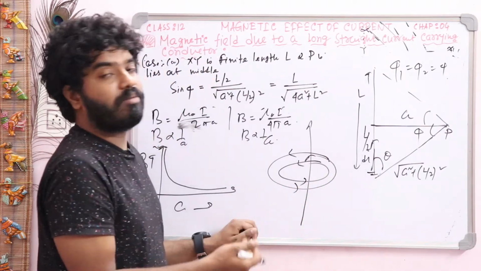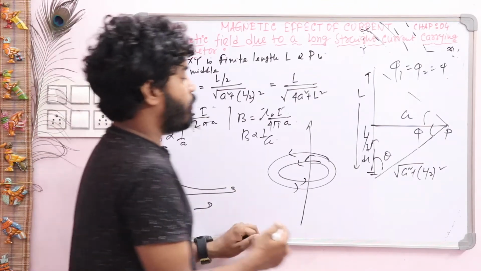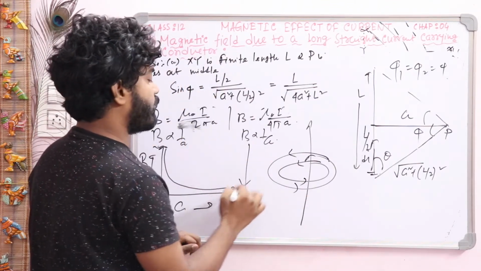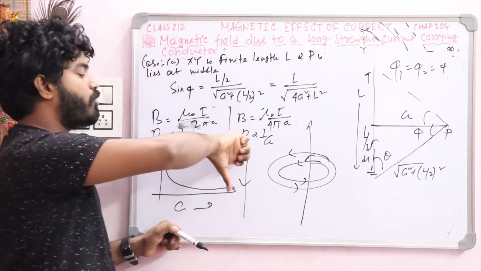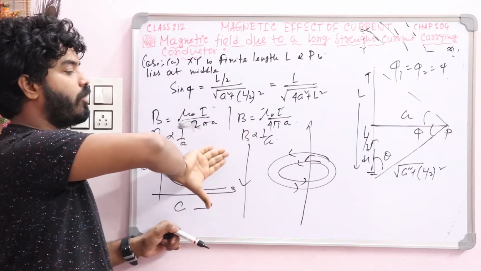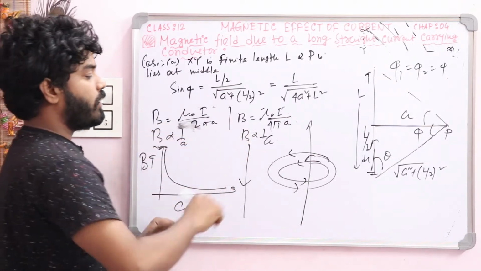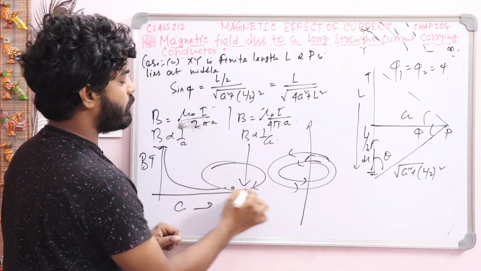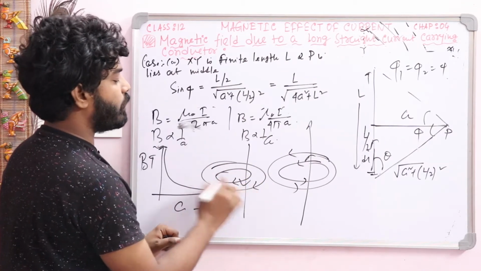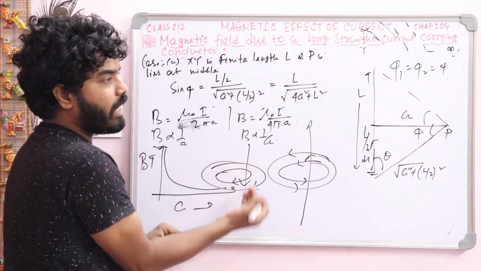When the current is flowing downward, you have to use your hand this way, so your other fingers give this direction, and this also gives the direction of the magnetic field line.